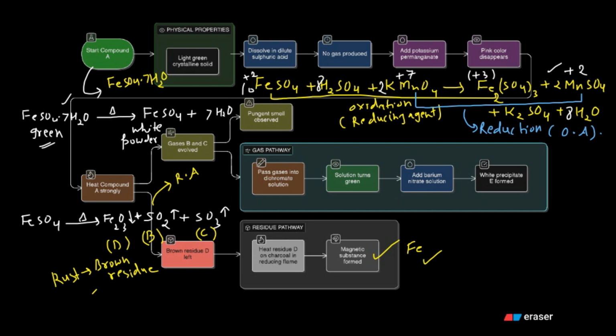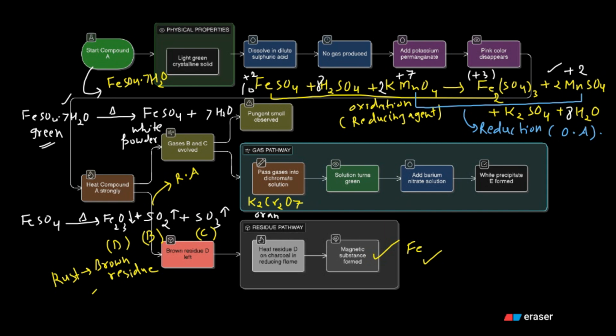Now you have identified your A, B, C and D as well. Now what is happening here? These gases B and C, that means sulfur trioxide and sulfur dioxide, when passed into the potassium dichromate solution, K2Cr2O7, the color of this solution is orange.